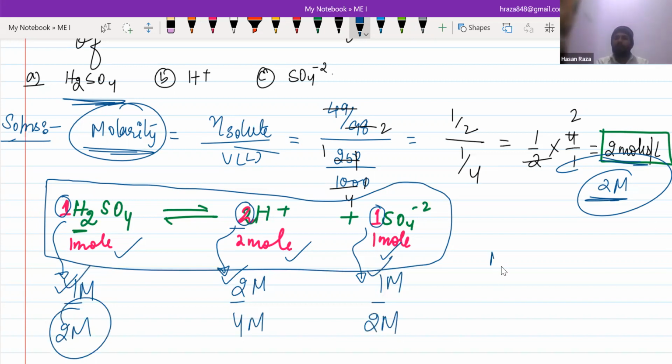That means molarity of H plus is 4M and molarity of SO4 minus 2 is 2M. Is that clear? What you need to do is to calculate molarity of H2SO4 or whatever is the solute given, and then dissociate it into ions and compare their stoichiometric coefficient. Then you will get your answer.